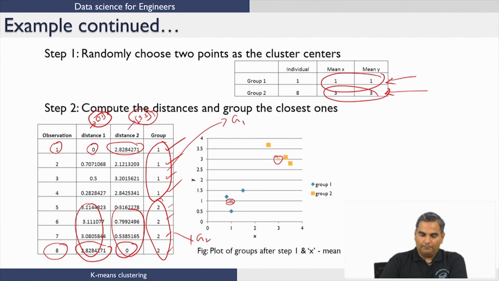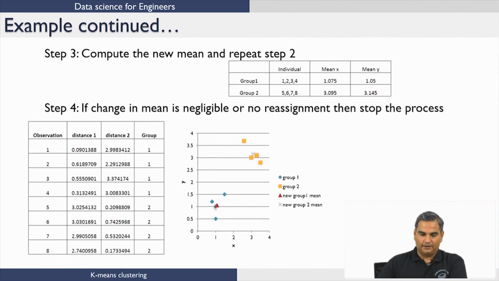So, a better representation for this group. Initially the representation for this group was 1 1. A better representation for this group would be the mean of all of these 4 samples, and the initial representation for group 2 was 3 3, but a better representation for group 2 would be the mean of all of these points. Okay. So, that is step 3.